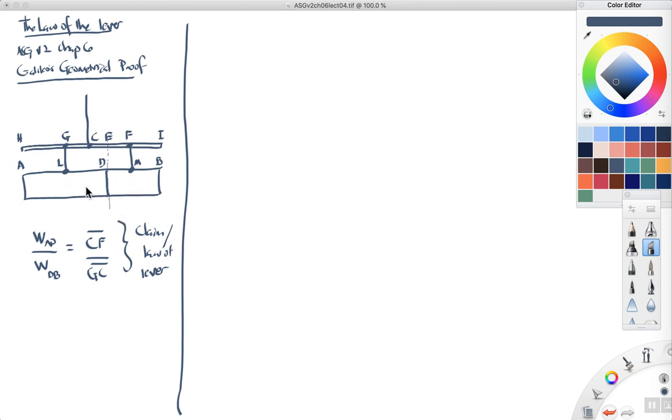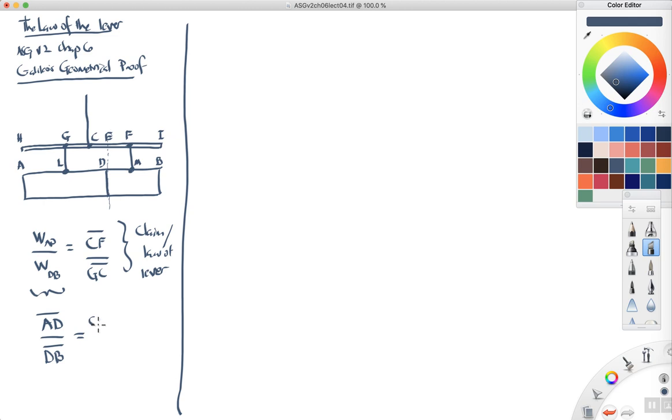Okay, so first of all, I want to say one other thing about this weight and this weight. Provided that this beam is made of a uniform material, the ratio of this weight to this weight is the same as the ratio of the length of this beam to the length of this beam. So in other words, I can replace this side with the length AD to the length DB.